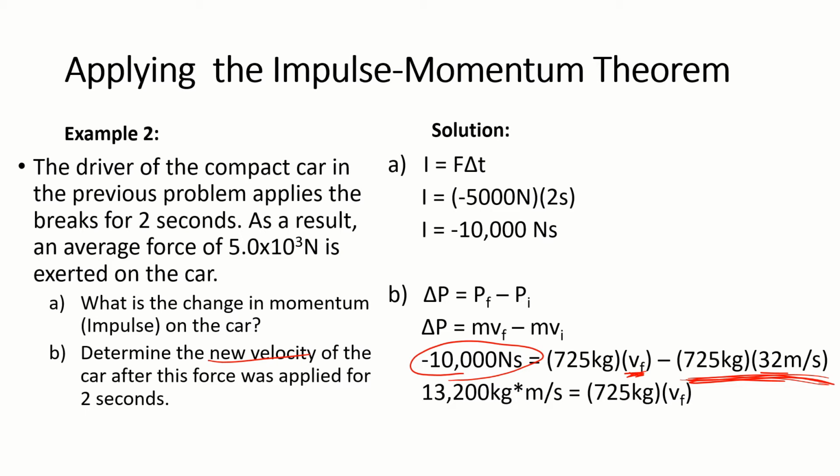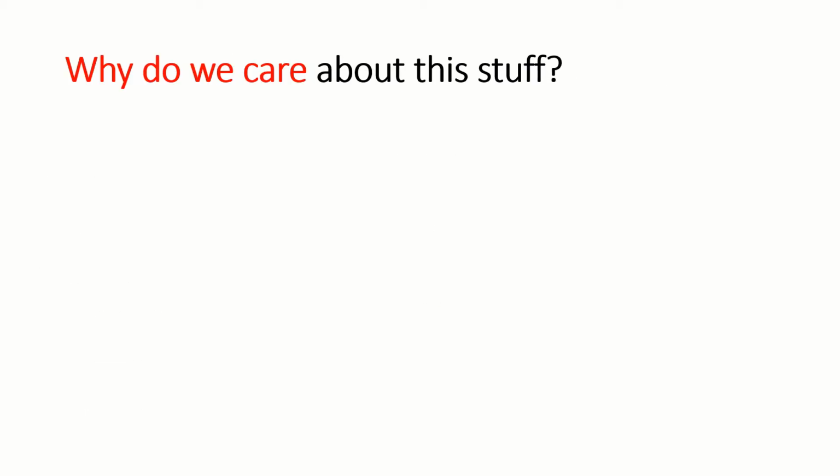Then you divide by 725 and you get 18.2. It is indeed less, right? It's a slower speed, which makes perfect sense. You hit the brakes, your car should slow down. If you hit the brakes and your car speeds up, something has gone catastrophically wrong, and I wish you the best of luck. So you can always do those quick common sense double checks here with this class, or especially this unit.